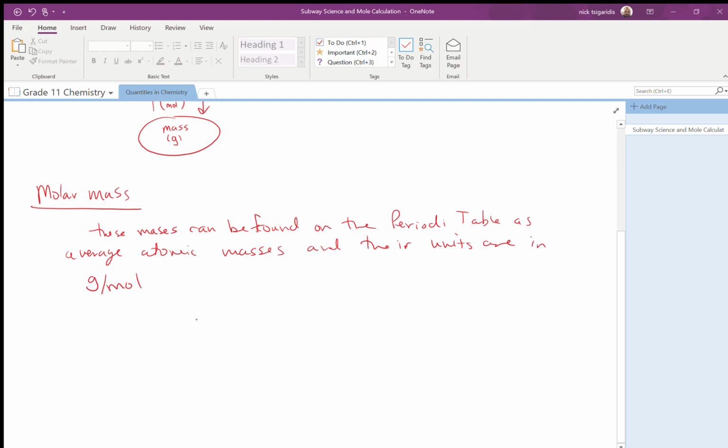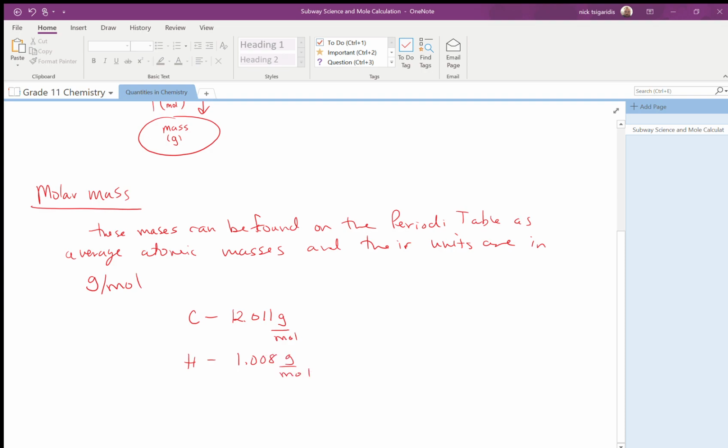So if I had carbon, for example, and I look up on the periodic table the mass of carbon, it weighs 12.011 grams per mole. If I was looking up hydrogen, for example, I would have a molar mass of 1.008 grams per mole.